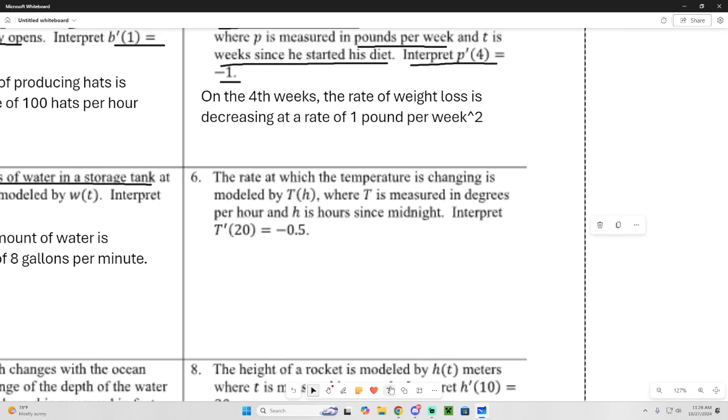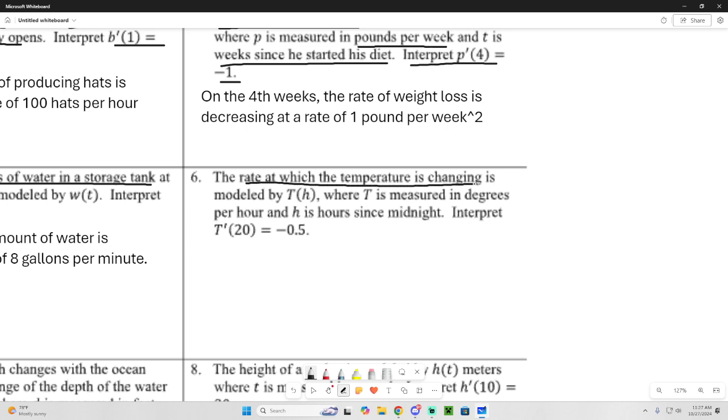Let's keep going. The rate at which temperature is changing is modeled by T of H. So T of H is the rate at which temperature is changing. Again, we are measuring the rate of change of a rate already, so we're going to have to use per something squared. T is measured in degrees per hour, and H is the hours since midnight. So hours since midnight is our independent variable. We need to interpret T prime of 20 equals negative 0.5.